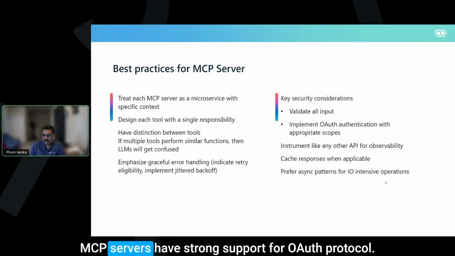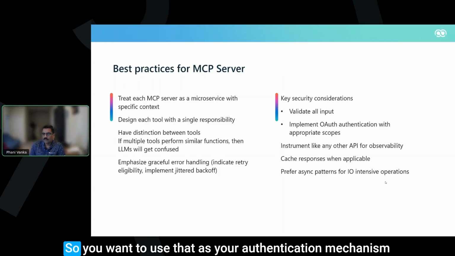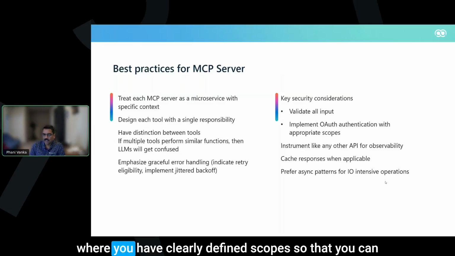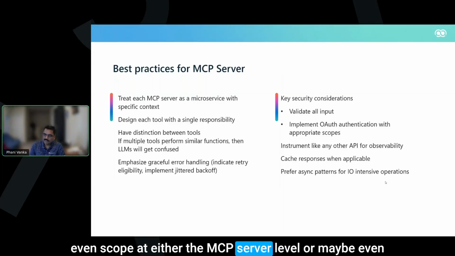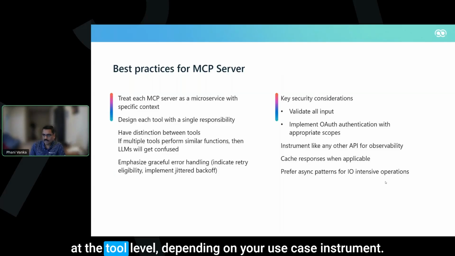MCP servers have strong support for the OAuth protocol. So you want to use that as your authentication mechanism where you have clearly defined scopes so that you can even scope at either the MCP server level or maybe even at the tool level, depending on your use case.